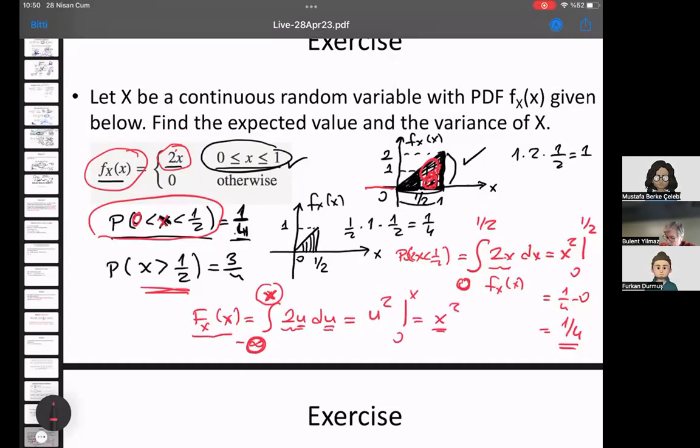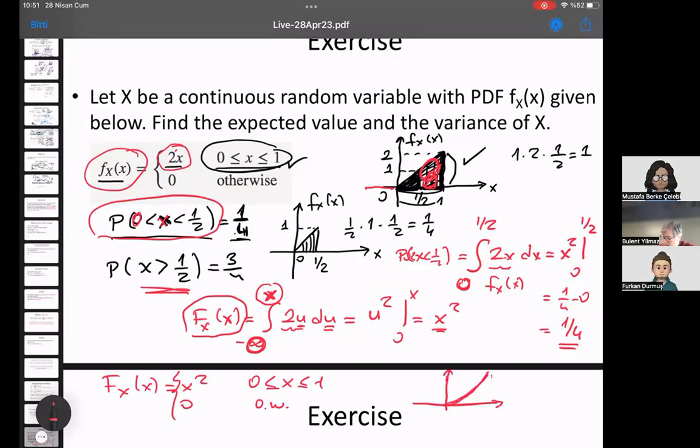So the CDF is x squared for x between 0 and 1. Otherwise, it is 0. So it will be something like that, x squared.